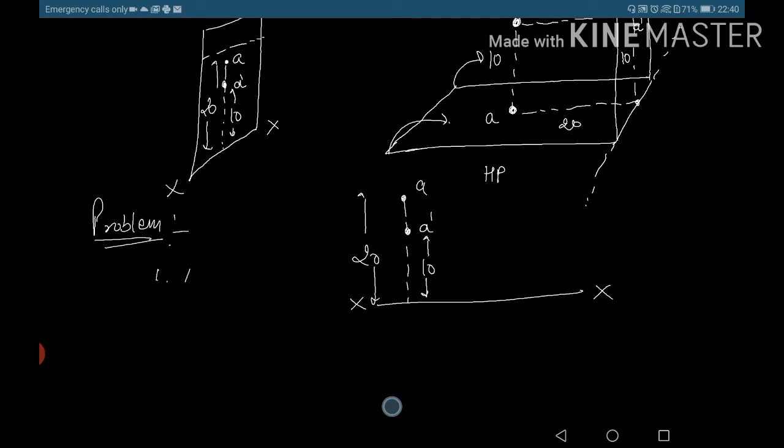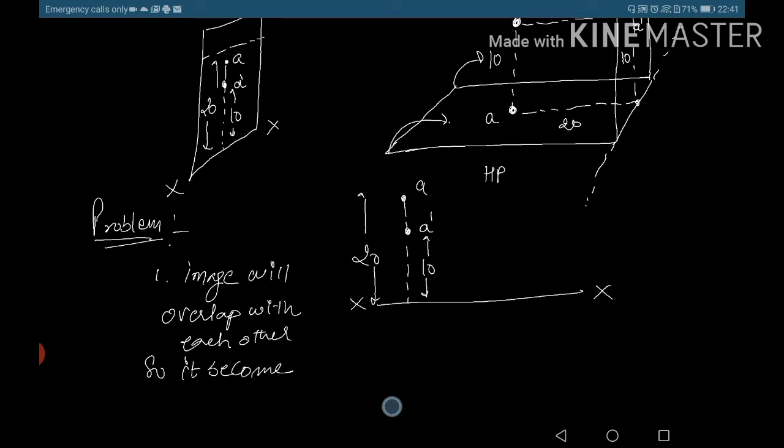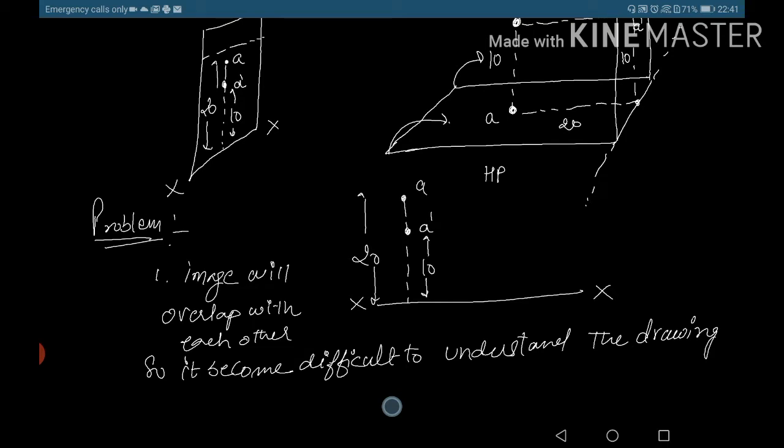The images will overlap with each other, so it becomes difficult to understand the drawing. So this is the reason.